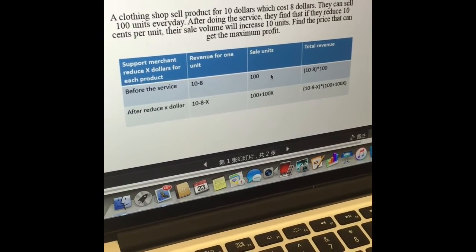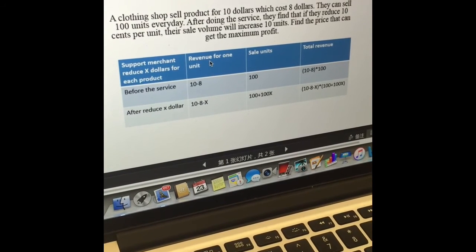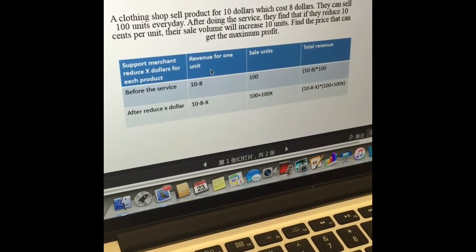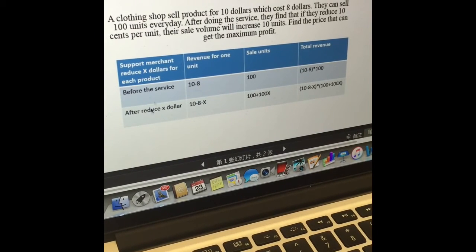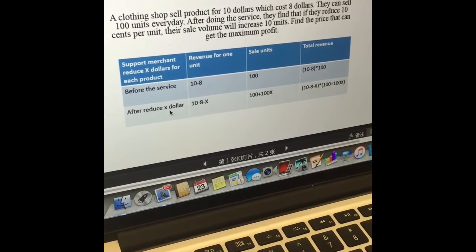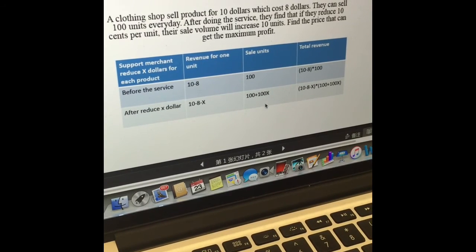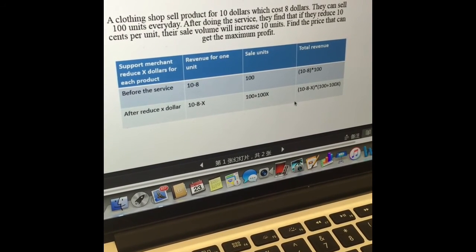From the table, we can see the revenue for 1 unit before the service and after reducing X dollars. So we can get the equation.